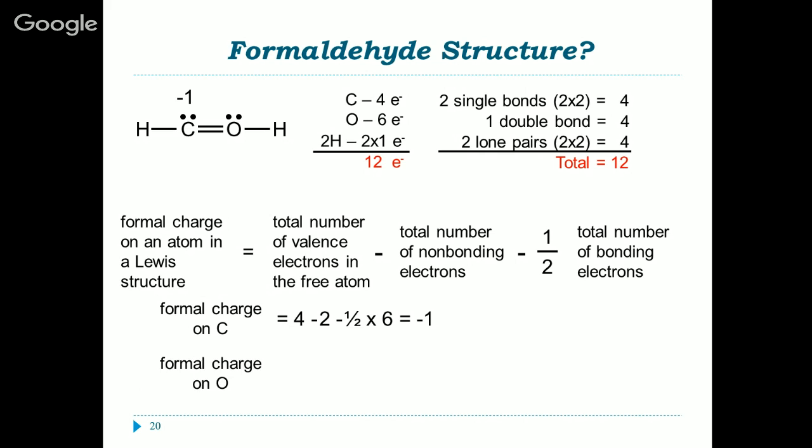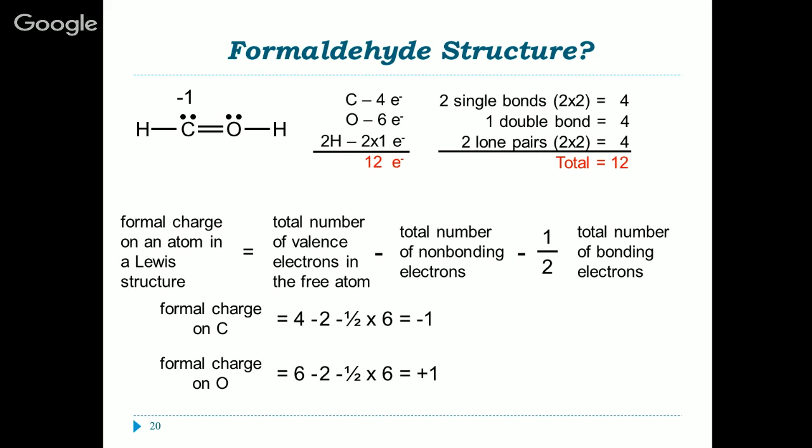I can then calculate the formal charge on oxygen. Oxygen starts with 6 valence electrons. There are 2 electrons in the lone pair, non-bonding electrons. And then once again, I have 3 bonds coming from oxygen. So I have 3 electrons that are associated with oxygen, or 1/2 of 6 once again.